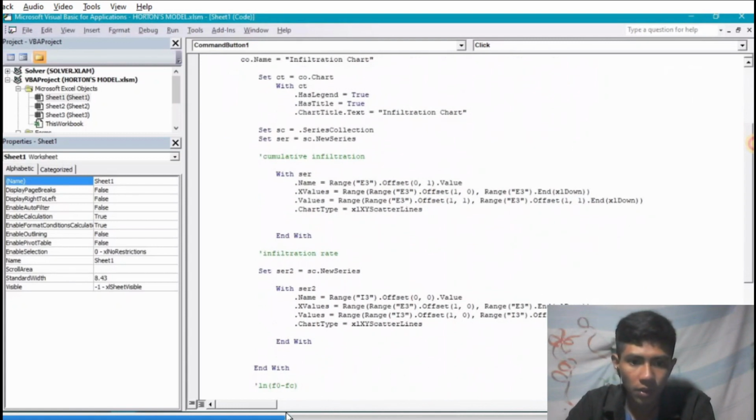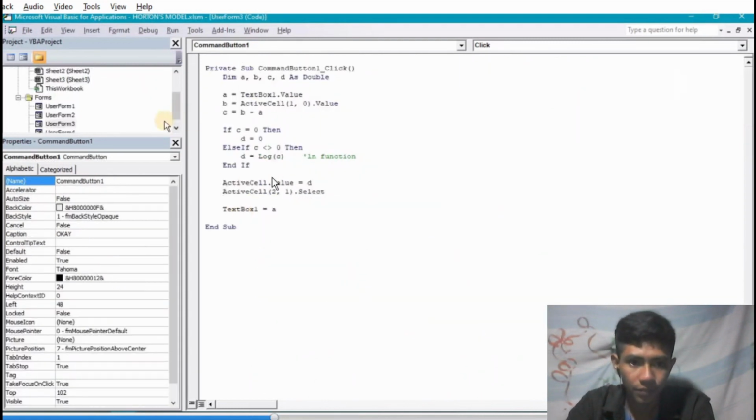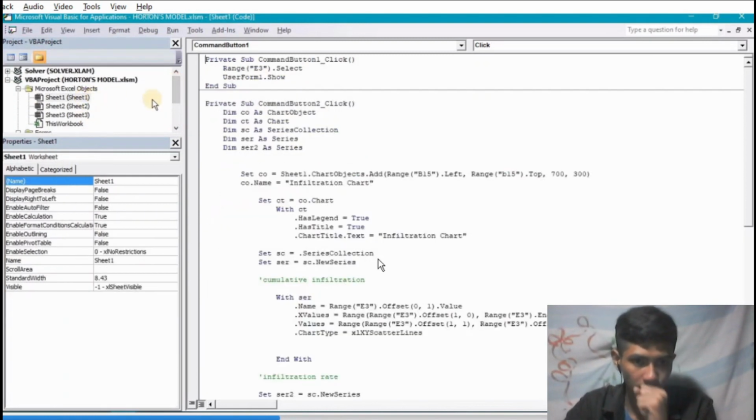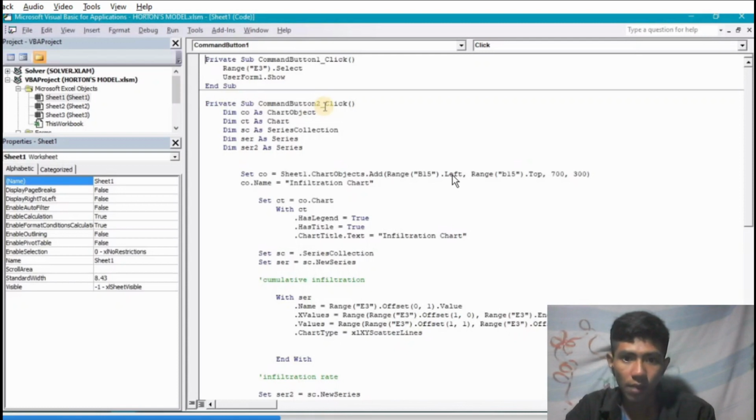So let me get back a little. Excuse me. As you can see, this part sets Sheet1, the range B15. This is where I want my chart to appear. This is the upper left corner of the chart, and this is the range sa top, so upper left ng B15.